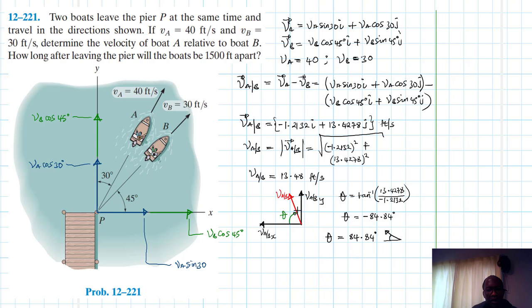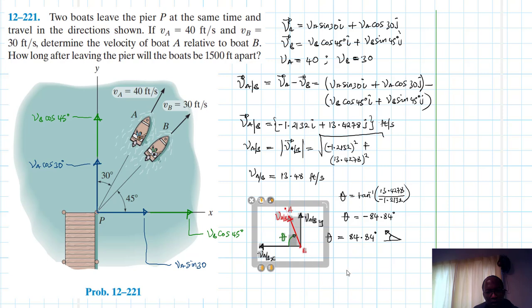B is our reference, and we are trying to find the velocity of A relative to B. So we can indicate that this point here is B, and this point somewhere there is our A.